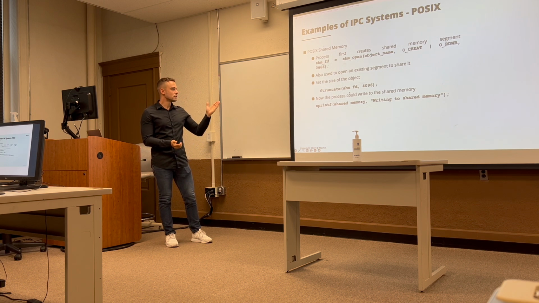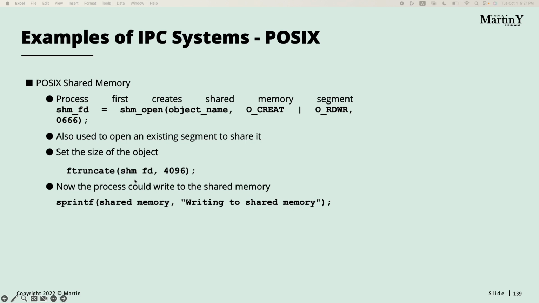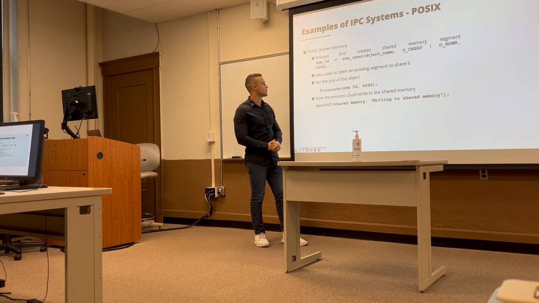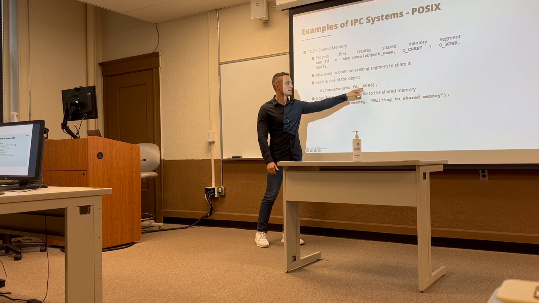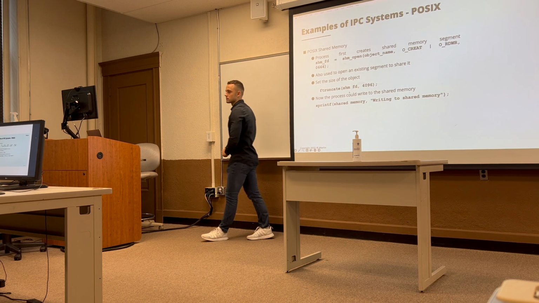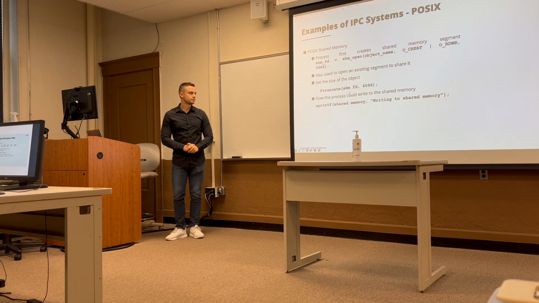So we can also add a size to our shared memory. Obviously, when we have shared memory, we need to define how big it is. If the shared memory is infinitely big, a process potentially can write too many things into it, flooding our operating system. So this is a function with which you can specify a shared memory and how many bytes you want to allocate to it.